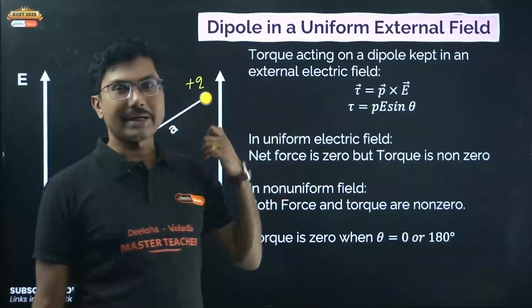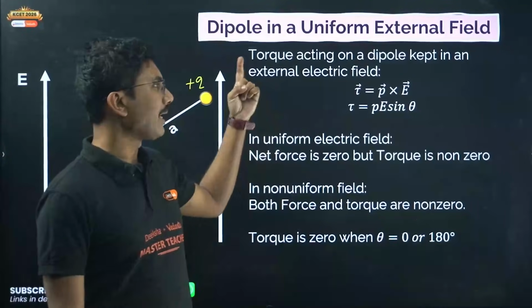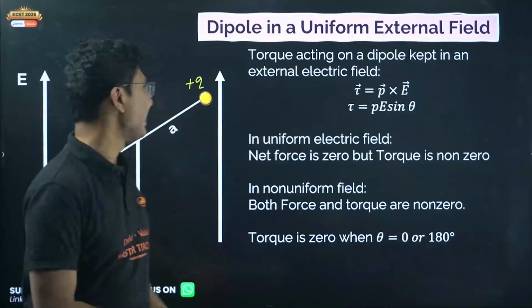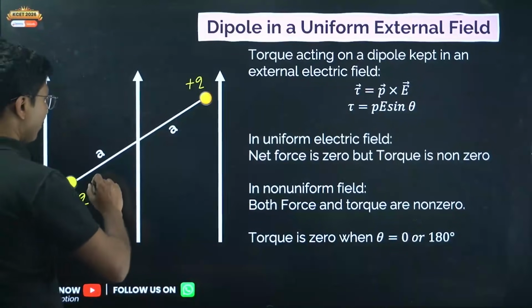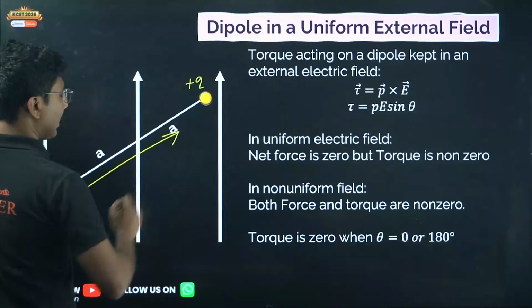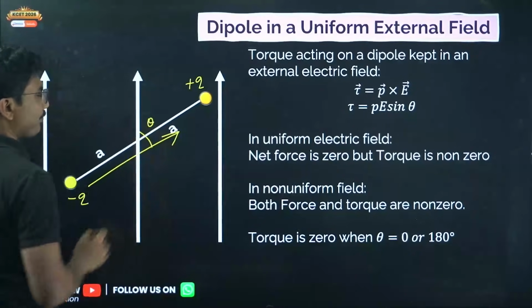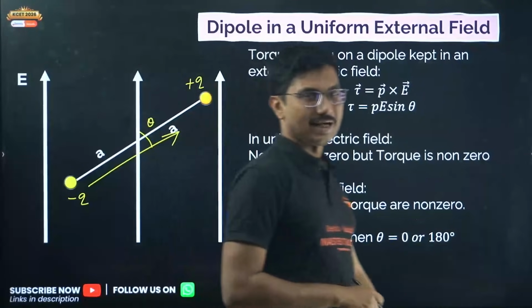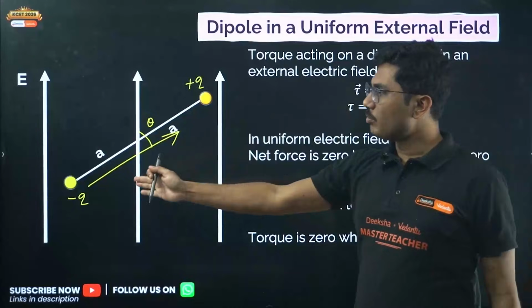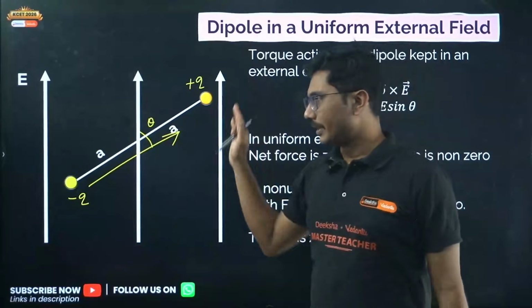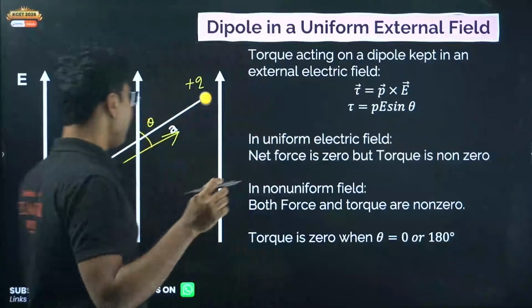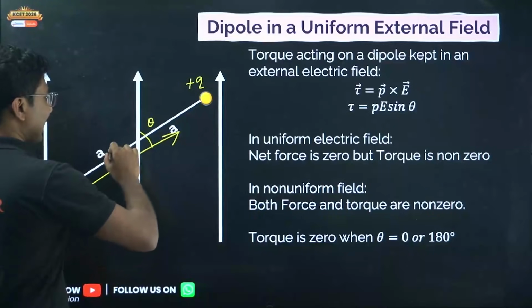Theta is the angle between the dipole moment, which is from negative to positive, and the electric field. So this angle is theta, exactly this angle.